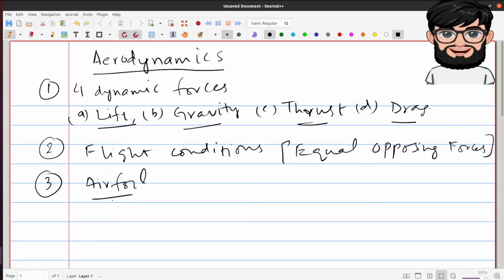And that useful reaction is the lift. So examples of airfoils are the wings, the tail surfaces, vertical tail surfaces, propellers, they all have airfoils. Again, in layman's terms, it is the shape of the wing, or these tail surfaces or the propeller, which actually creates lift.